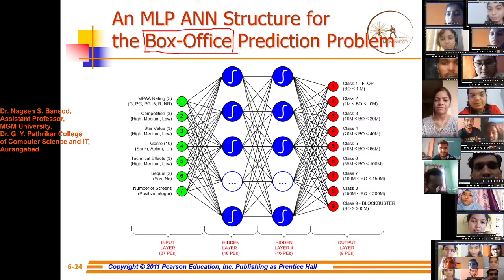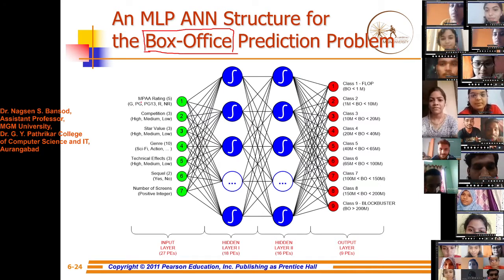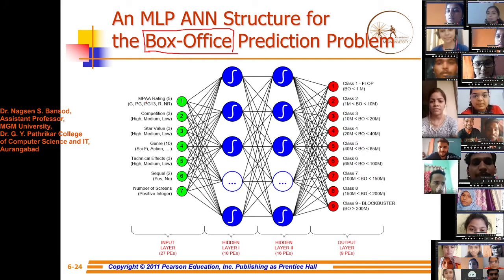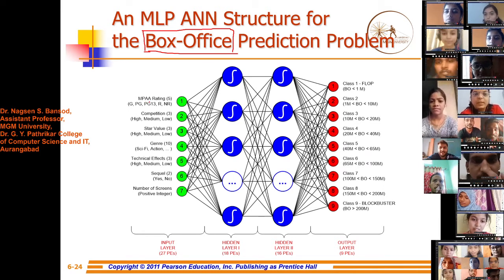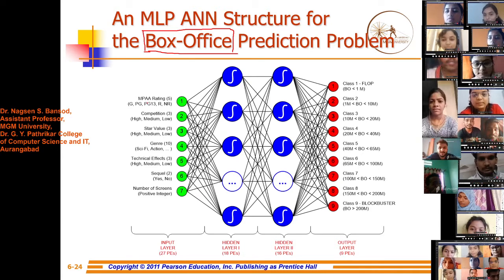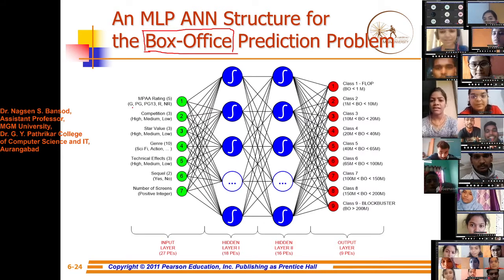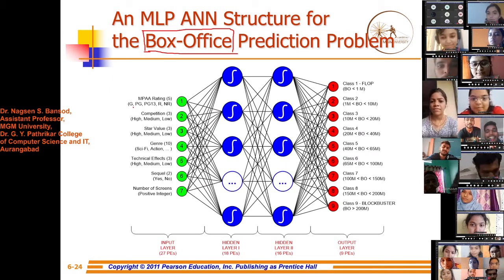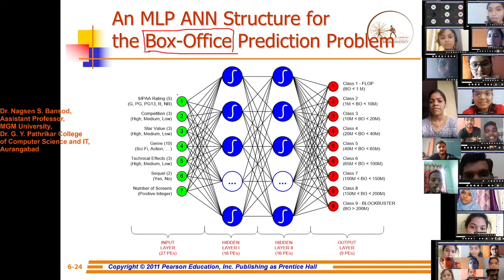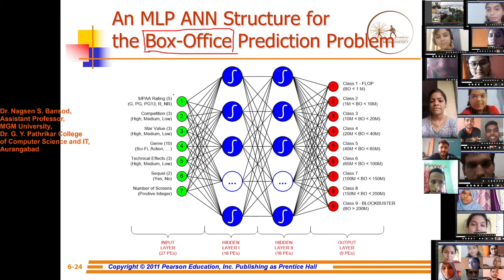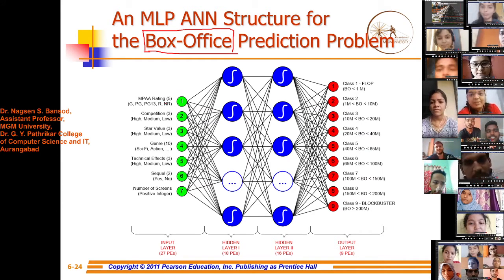Rating MPAA. MPAA means Motion Picture Association rating. G grade means G is the general audience. We know motion pictures are categorized according to their rating.